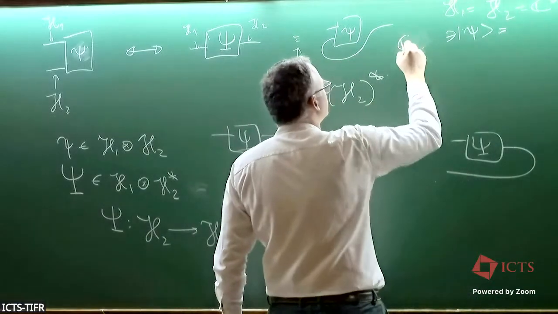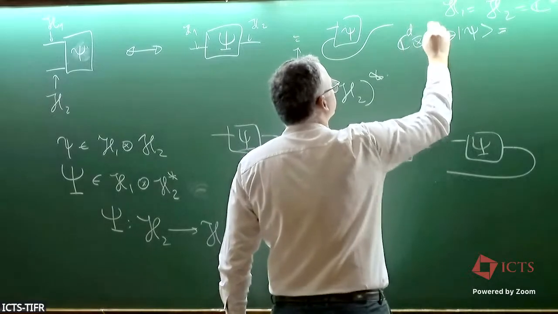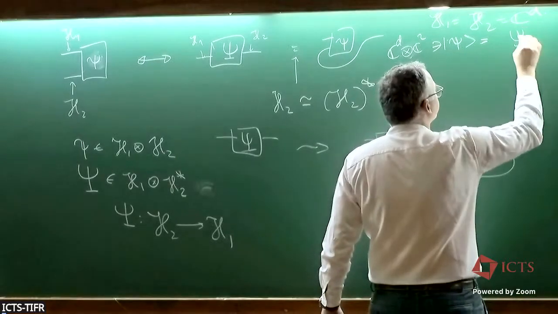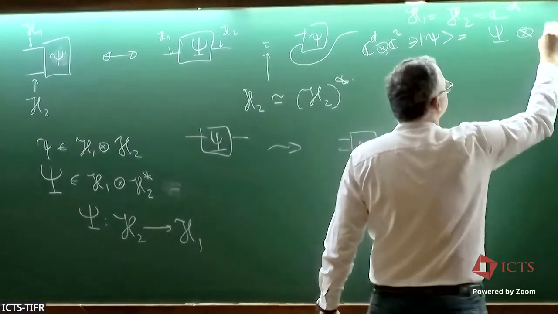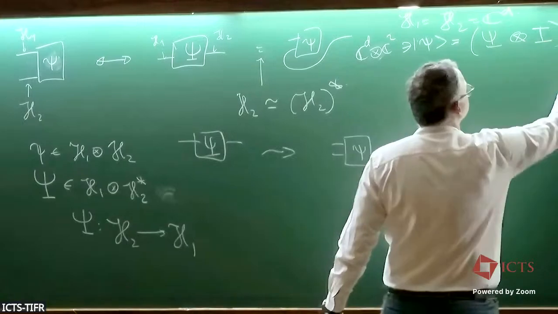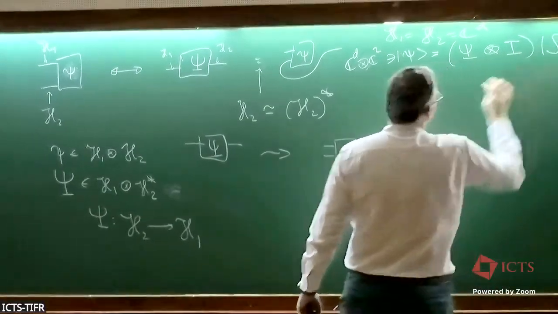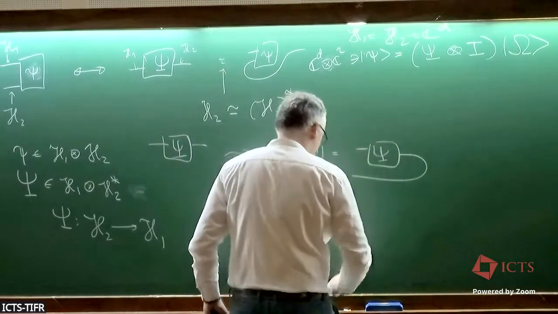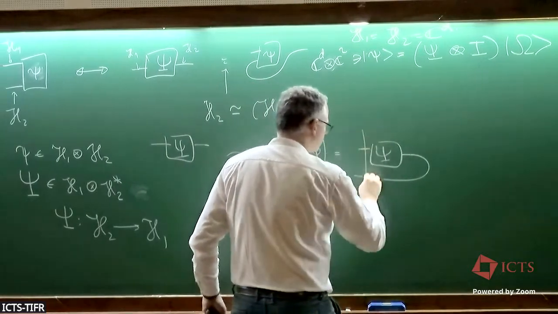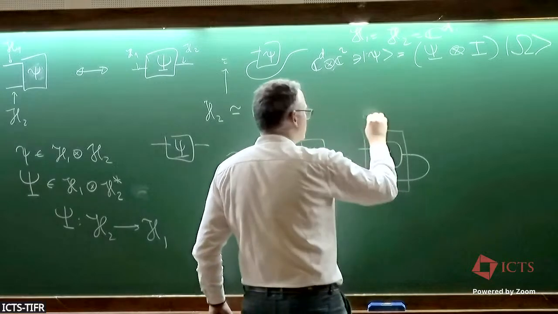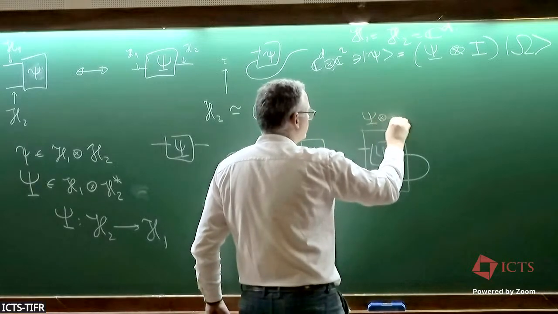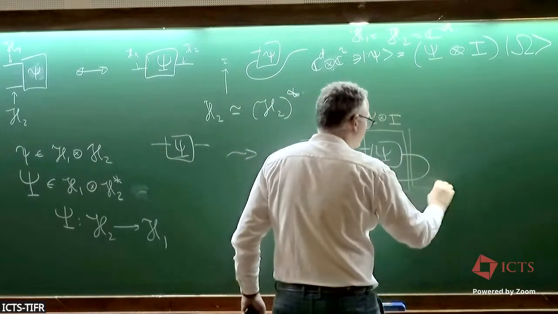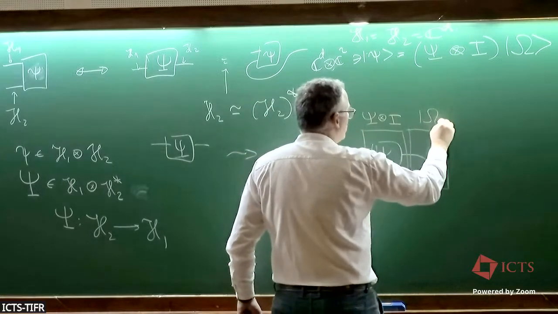Then this is nothing but psi. You see, this is psi tensor the identity, this psi operation tensor the identity, and this here is omega.